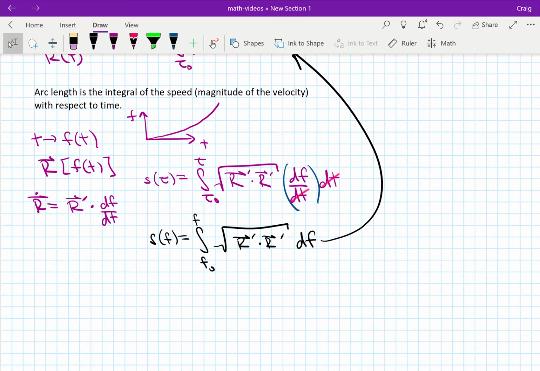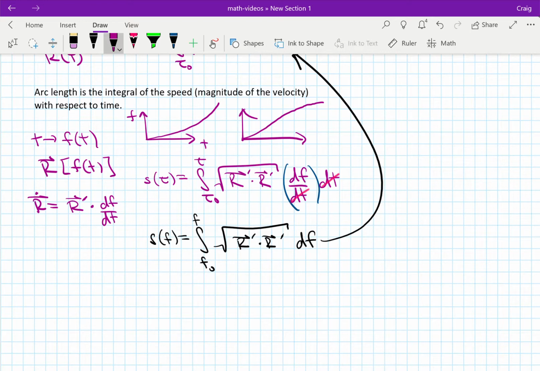If I march along a curve, it doesn't matter if I march slowly at the beginning and quickly at the end, or if I were to march along the curve quickly at the beginning and slowly at the end, so time is going slower, or f is increasing more slowly at the end, so I'm marching along that curve more slowly as a function of time.